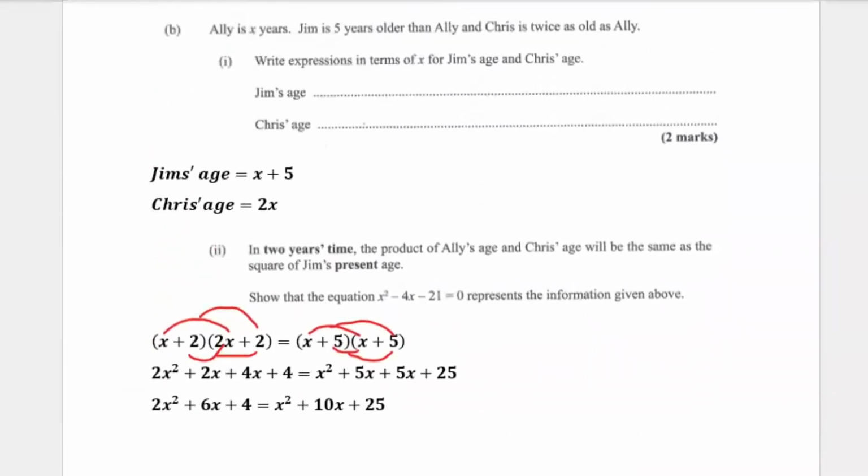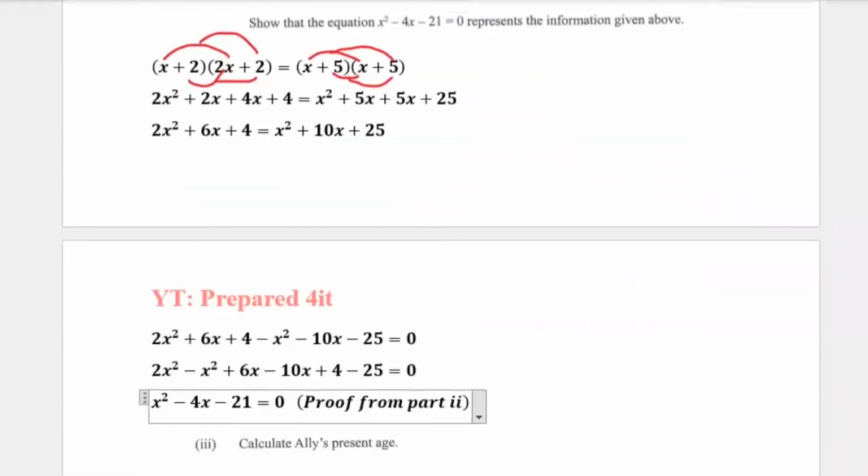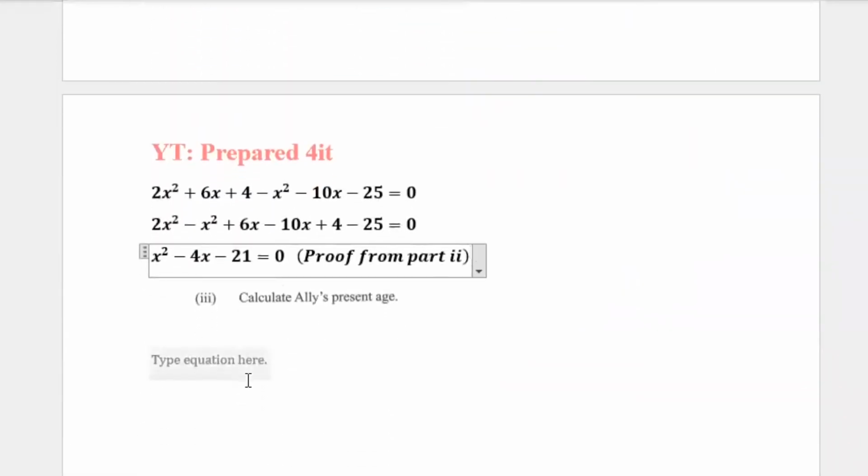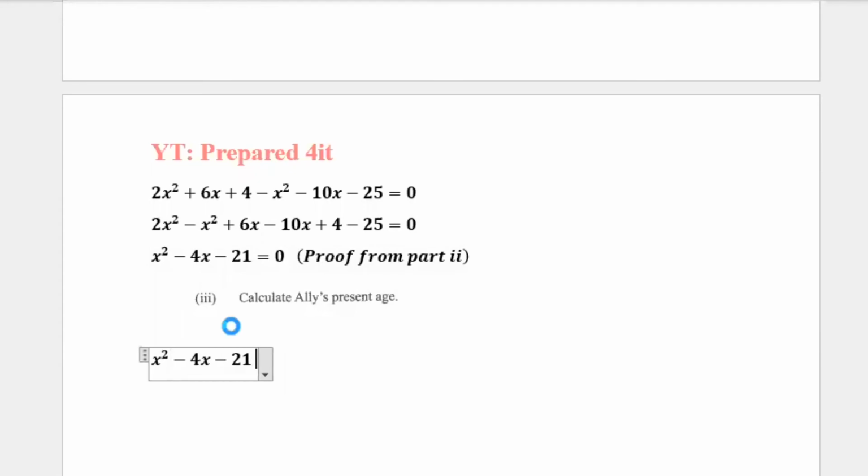Very good, X. So Ali's age is X. If Ali's age is X, then you are solving for X, and the quadratic equation that was given is what you will use to solve for X, which is Ali's age. So it will be x squared minus 4x minus 21 is equal to 0.